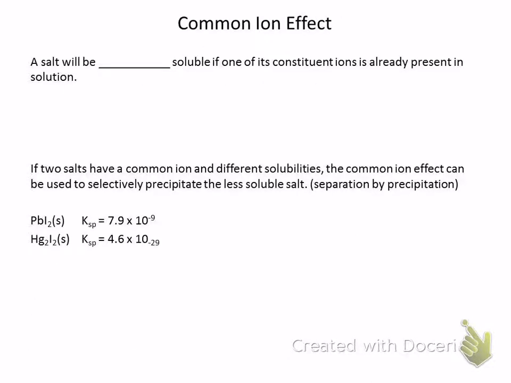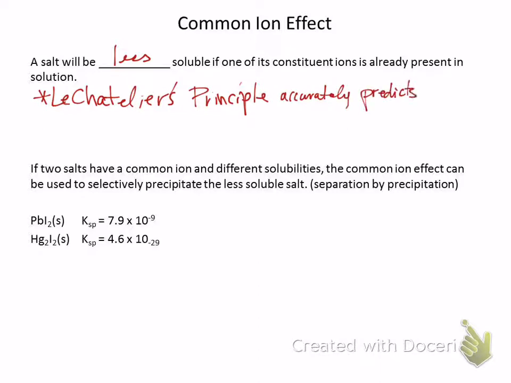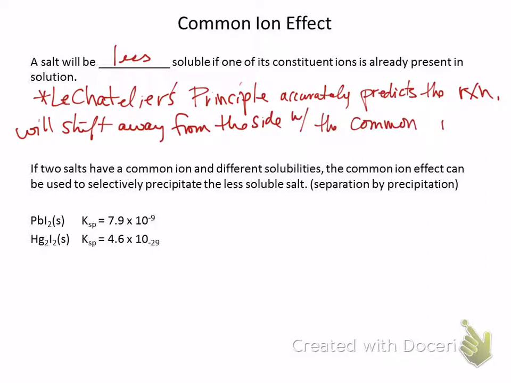So let's start with the common ion effect. And we need to start with the definition first. That is, understanding that a salt will be less soluble if one of its constituent ions is already present in solution. We can understand this by relating it back to Le Chatelier's principle, where we understand that when we apply a stress to a chemical system, the chemical system in question will shift away from that stress to alleviate the pressure.